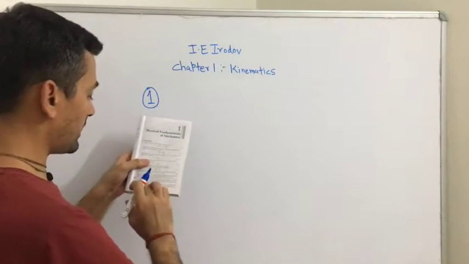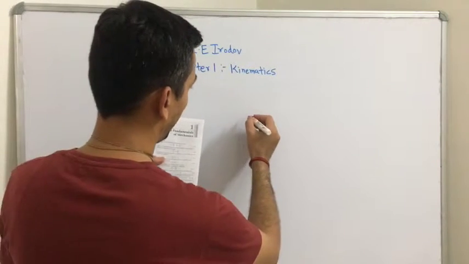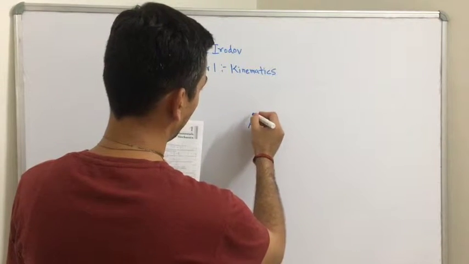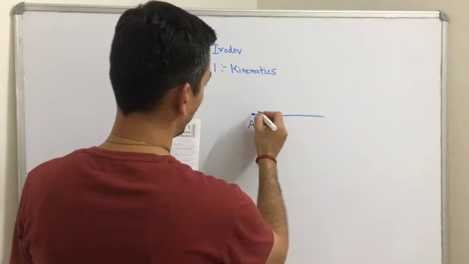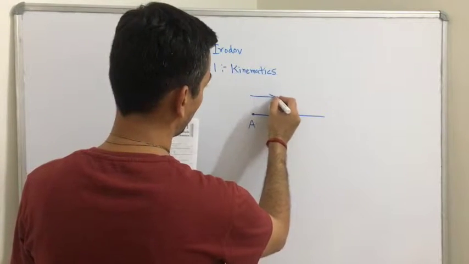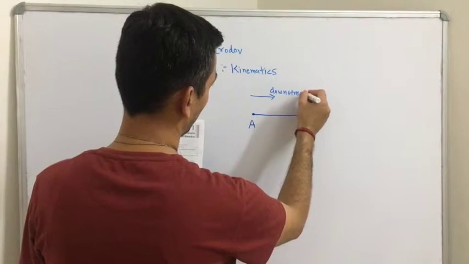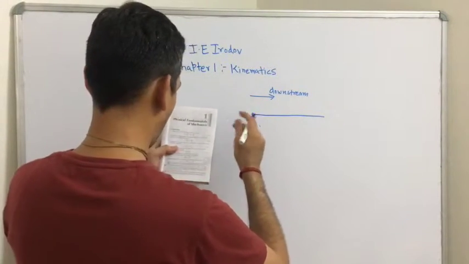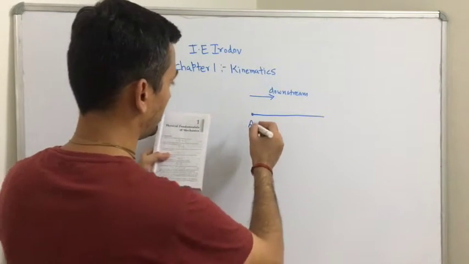It says a motorboat going downstream overcame a raft at point A. So let's say at point A there is a raft and there is a motorboat which is going downstream. So this is the downstream direction. And 60 minutes later it turns back.